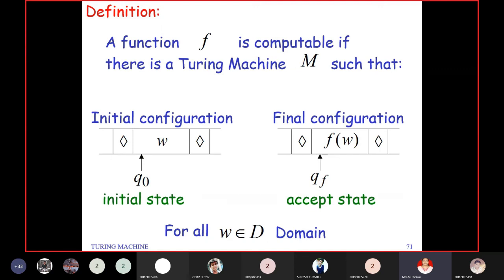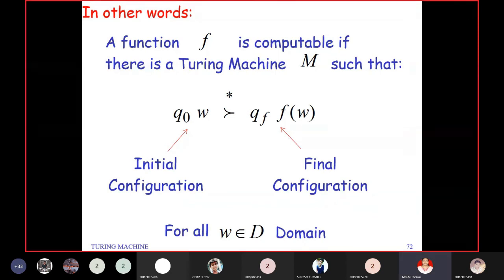So a function f is computable if there is a Turing machine M that can switch from the initial state to the final state, where you give the inputs in the initial state and get the output from the final state.